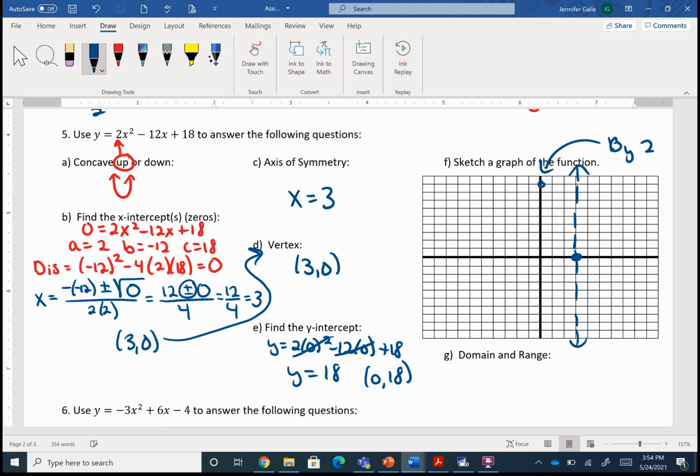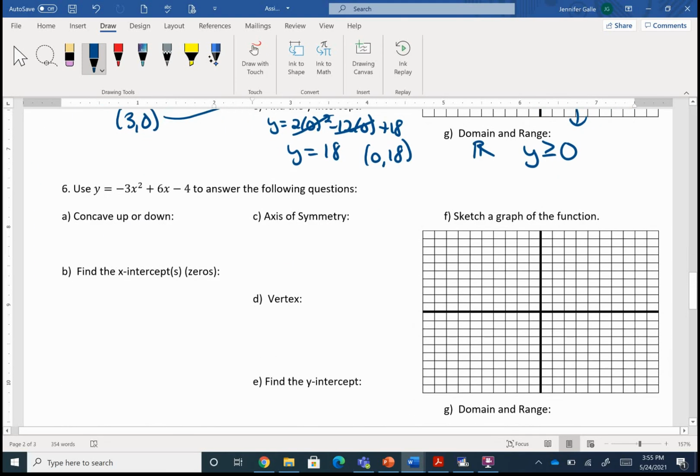So y-intercept of 18 will be right up at the top, and then I go ahead and reflect that over to the other side. Domain is all reals. Range y, it opens up, greater than or equal to the y value at the vertex, which is 0. As we're going through this, guys, remember you can pause to catch up or rewind at any point that you need to. If you need to re-see or rehear something, feel free to rewind.